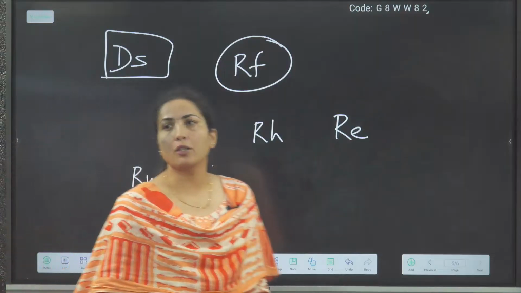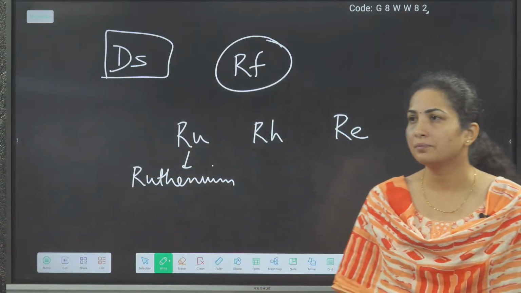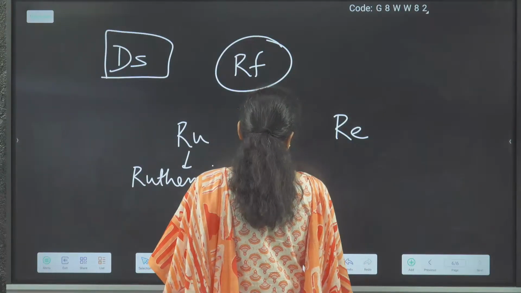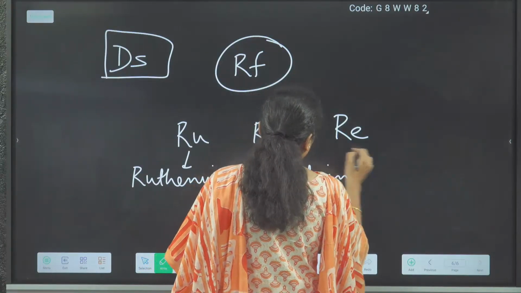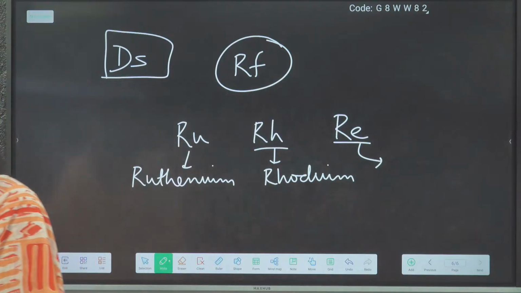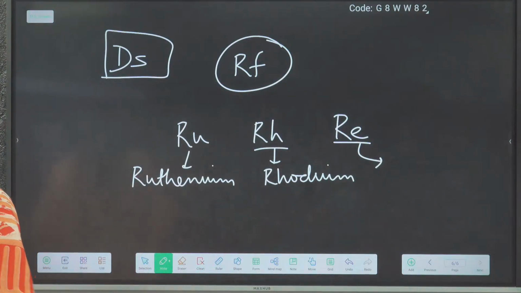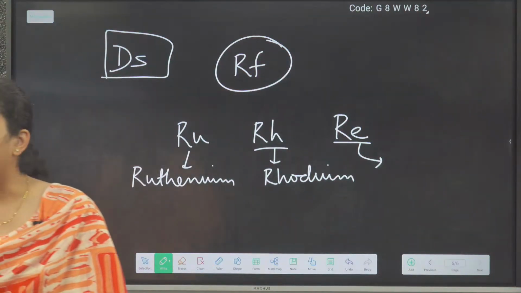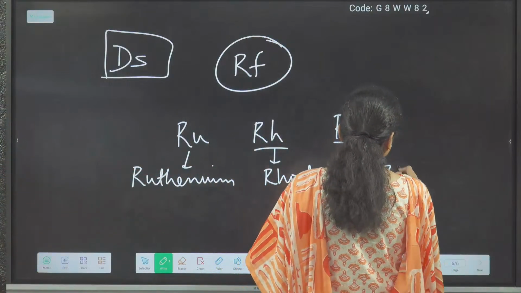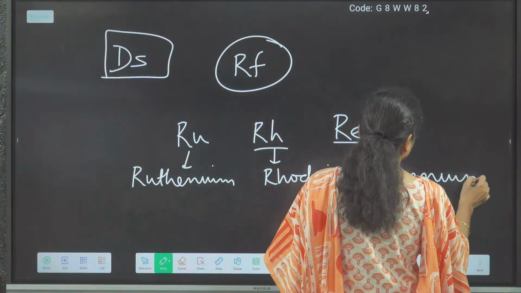Then RH is for rhodium. Very good. And what about RE? RE stands for which element there? Mahesh, you have written it correctly, but you only spelled it wrongly. Rhenium. Correct. You have rhenium here.